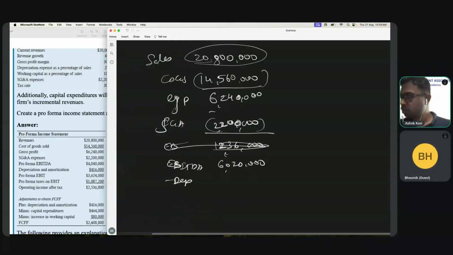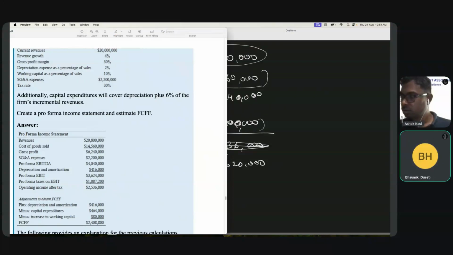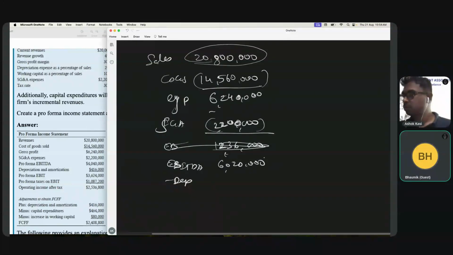And that is 6,240,000 minus 2.2 million. The answer is 4,040,000. EBITDA is 4,040,000.